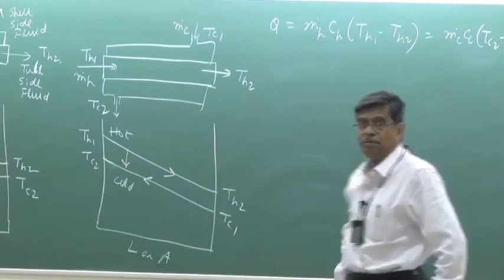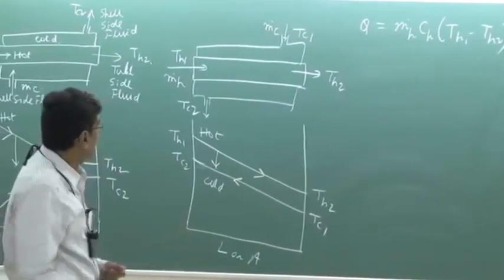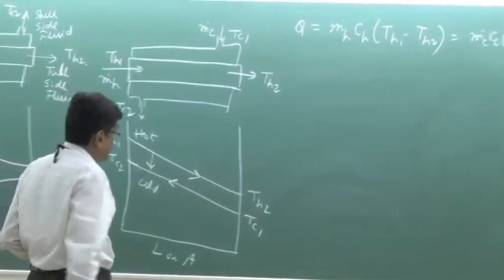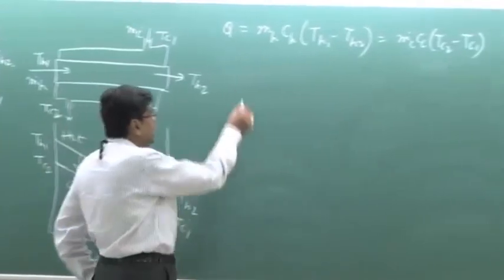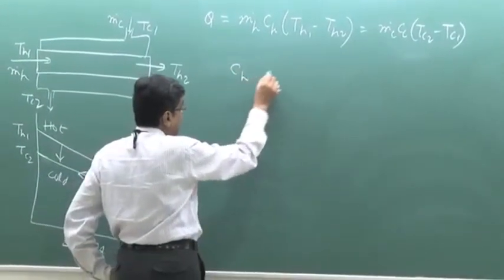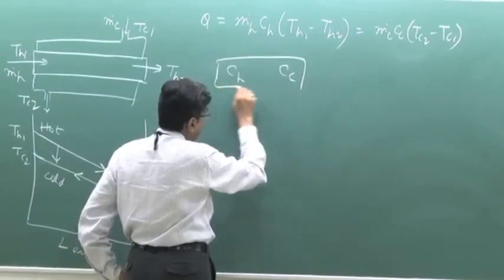Now this is the first line of energy balance. One type of problem is this, that the conditions are like this. The properties Cp,H and Cp,C, the thermodynamic specific heats, are usually known.